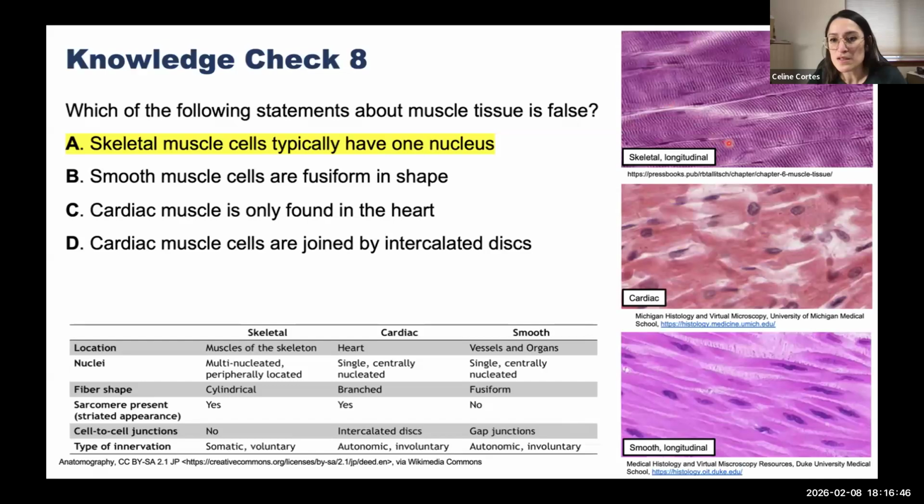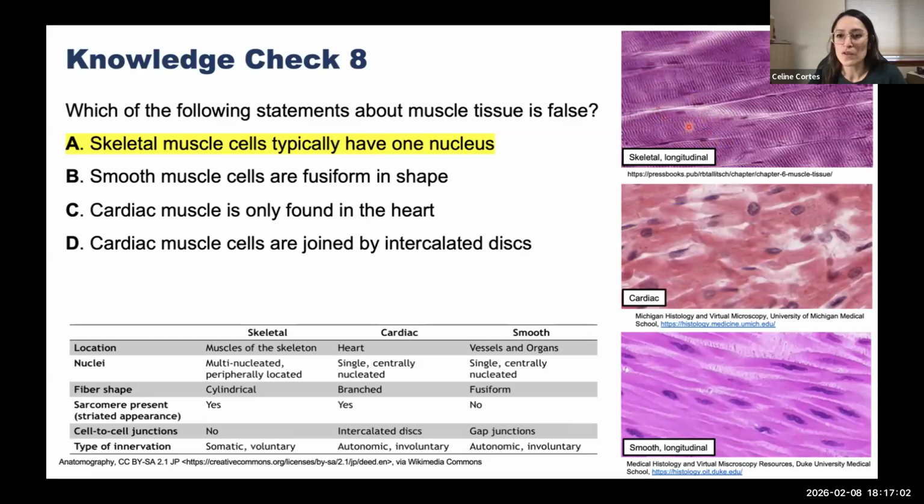We typically see that the nuclei, which are staining darker here, are on the periphery of these types of cells. They also have striations, so we can actually see these little wiggly lines known as striations.